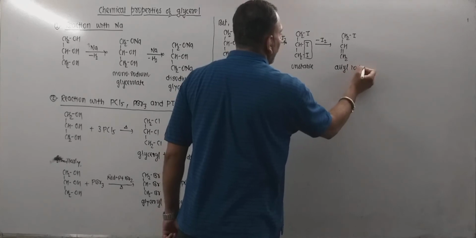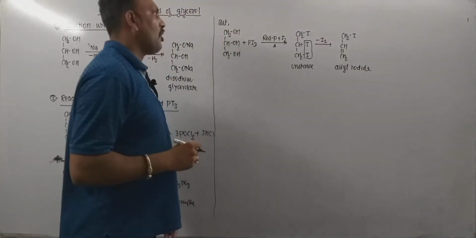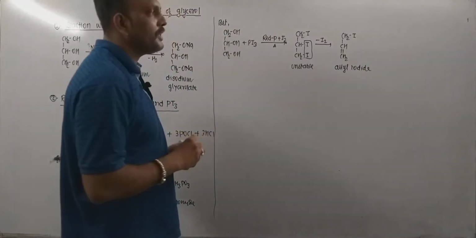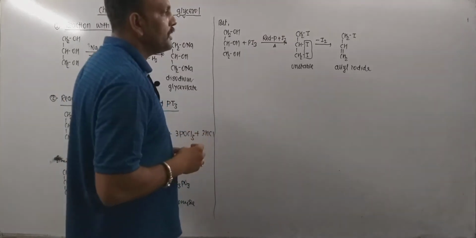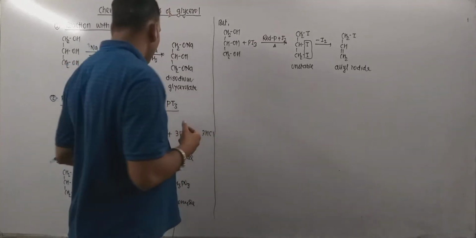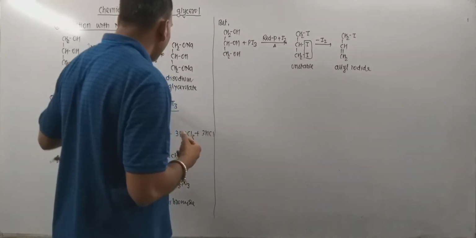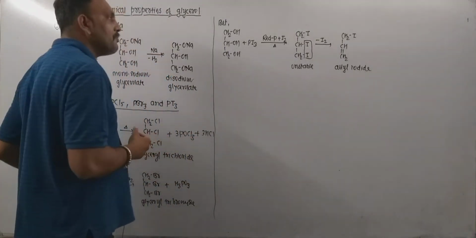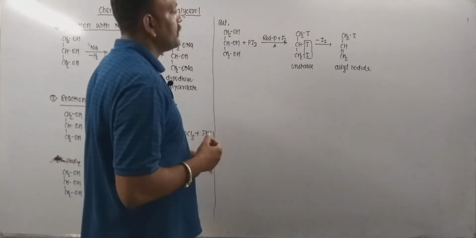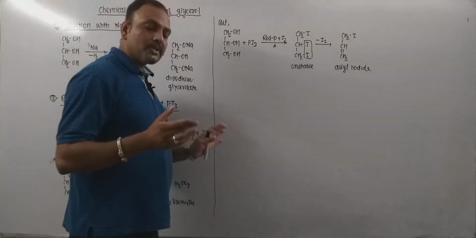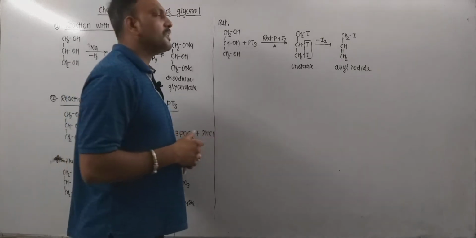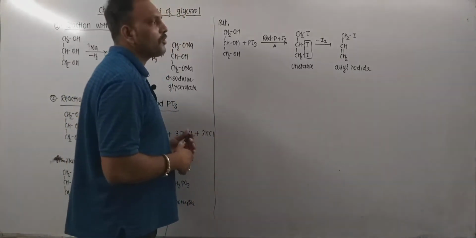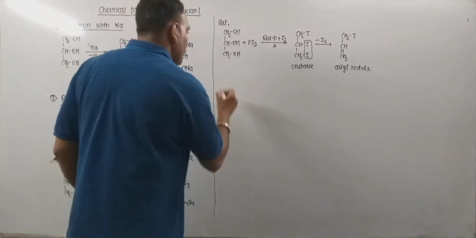So allyl iodide is a product when we treat glycerol with PI3. So in this manner we may get glyceryl trichloride with PCl5, glyceryl tribromide with PBr3, but glyceryl triiodide is not stable due to the bigger atomic size of iodine, and hence allyl iodide is obtained.